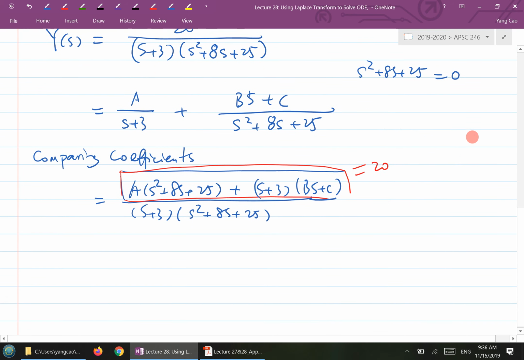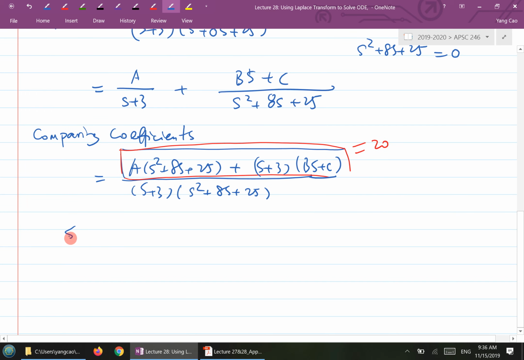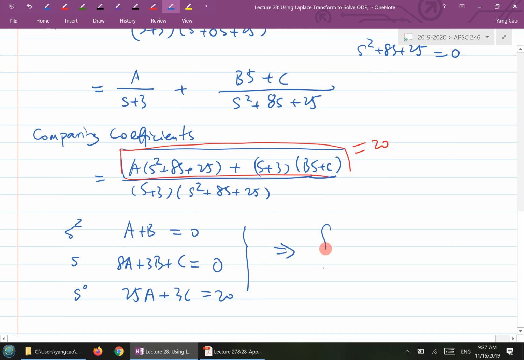Comparing coefficients, for the s squared term, there's no s squared term, so you get A plus B equal to 0, and 8A plus 3B plus C equal to 0. For s to the power of 0, the constant term, 25A plus 3C equal to 20. From here, you solve for A, B, C: A equal to 2, B equal to negative 2, and C equal to negative 10.